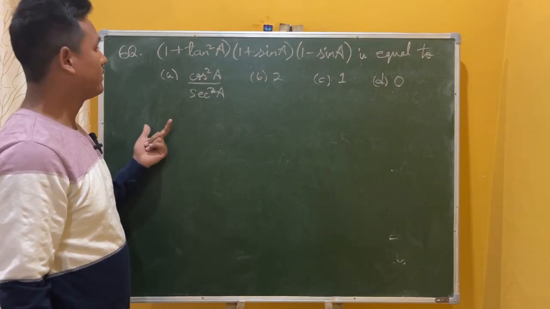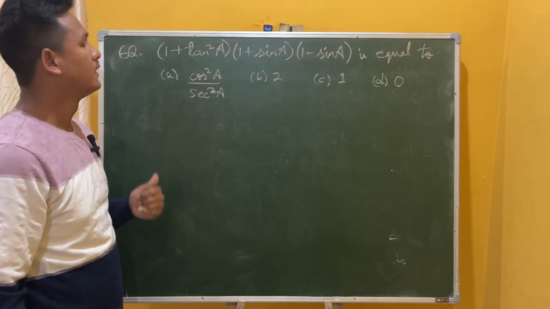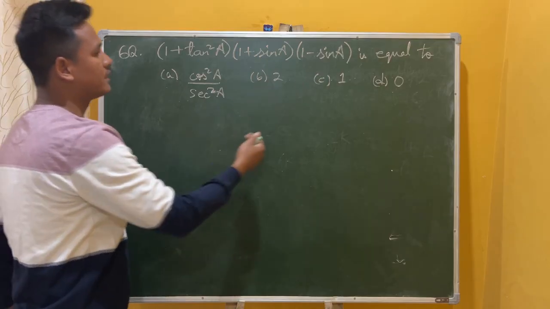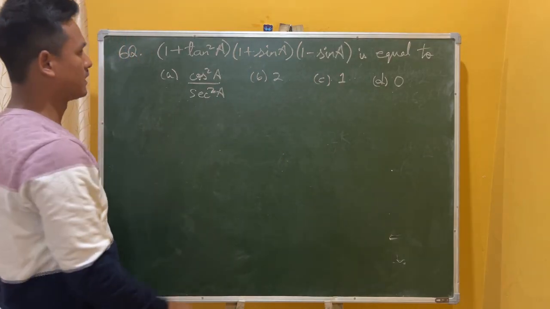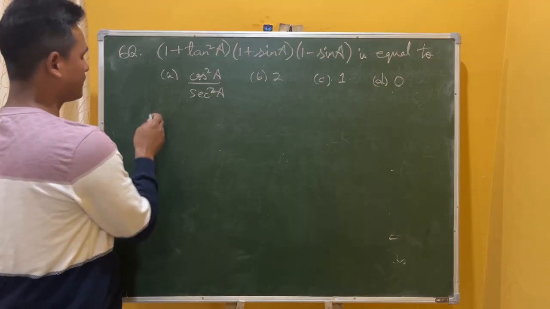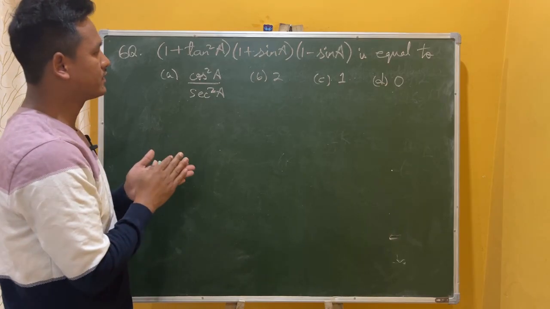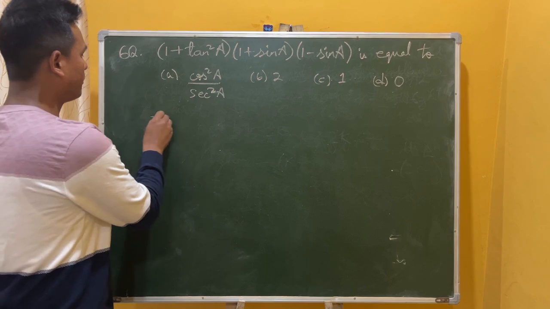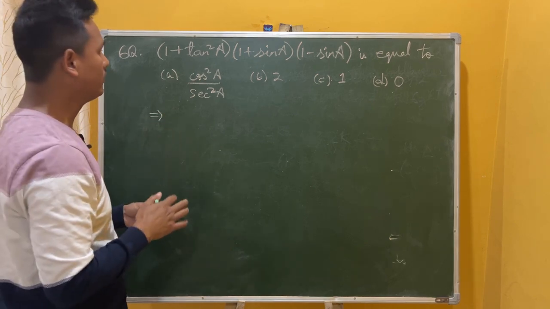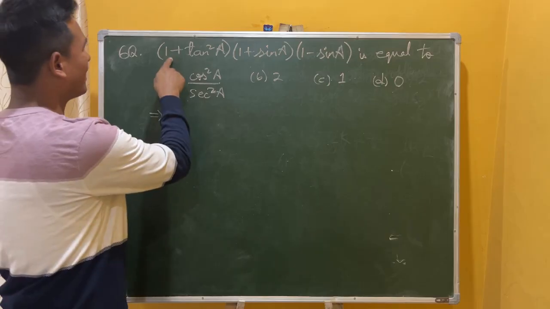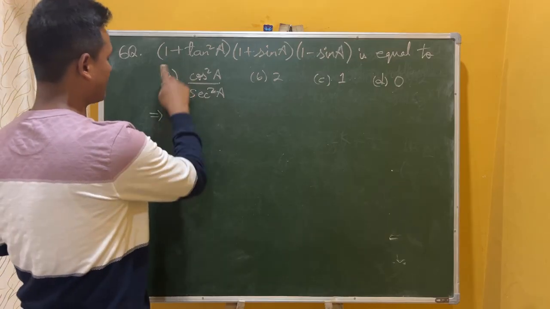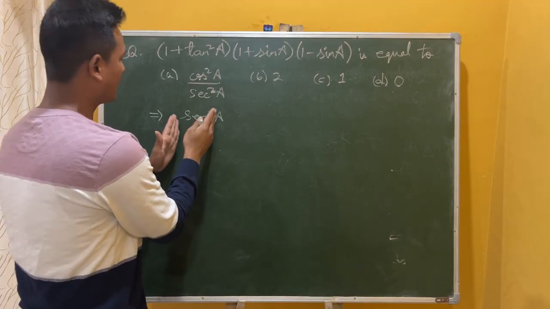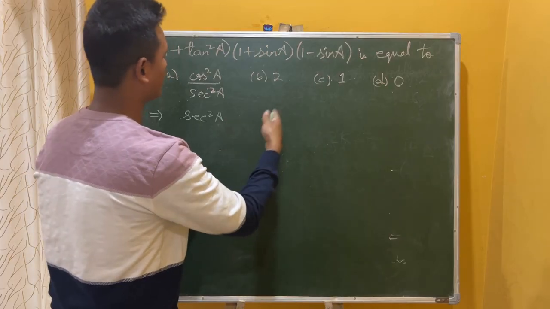Again we have one more question from trigonometry. You can see it. If we solve this, then it's equal to one of the options. This is a very interesting question because solving this equation requires the input of 2 or 3 identities we know. So let's start. 1 plus tan square a can be written as sec square a, because sec square a minus tan square a equals 1.